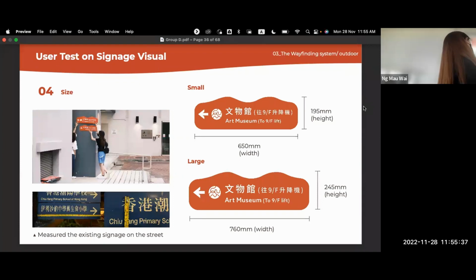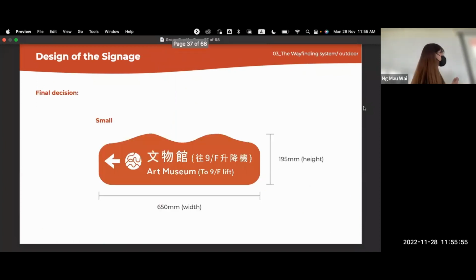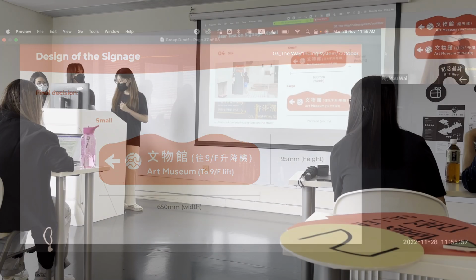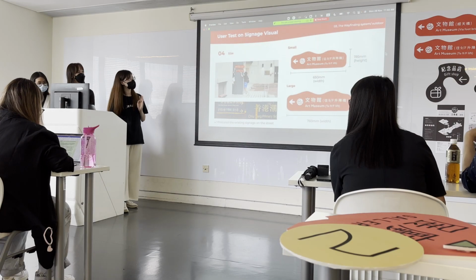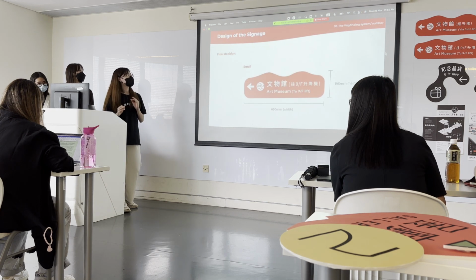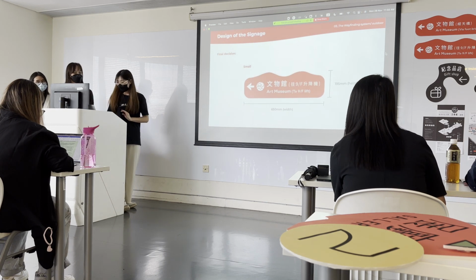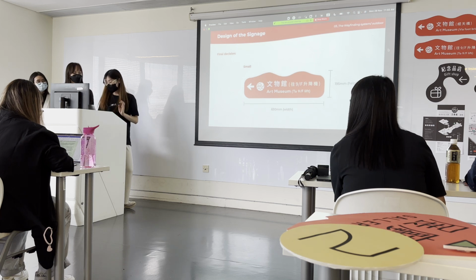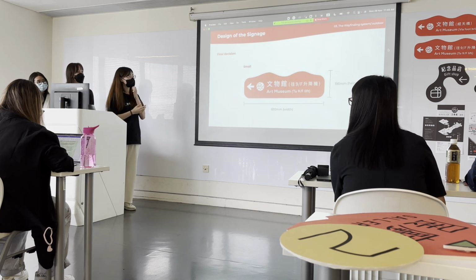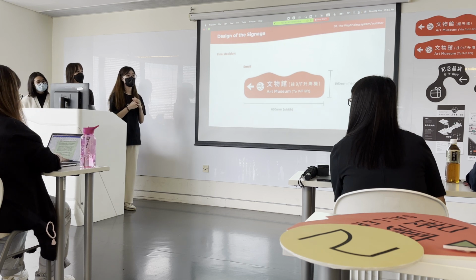And for the size of the signage, we also tested. We have 2 options: the smaller one is based on the existing signage on the street, taking reference from it, and the larger one is enlarged from the smaller one. We tested these 2 sizes, and the final decision is the small size, as our users mentioned that the smaller one is more suitable for them.